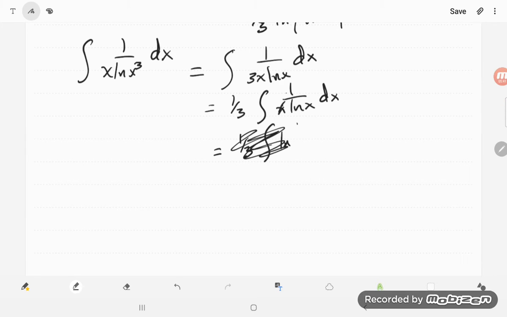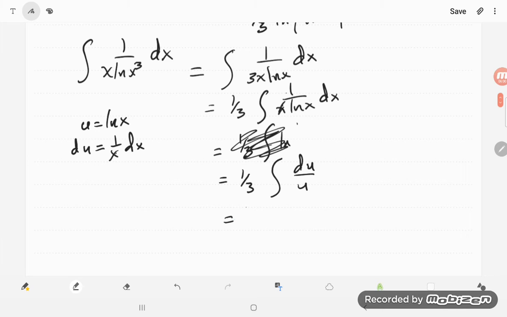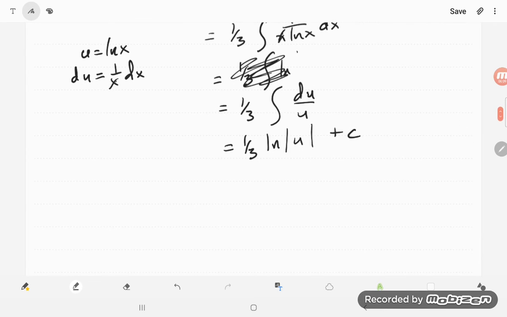So let's do that. Let's let u equal natural log of x. Du is 1 over x dx. And so this is 1/3 the antiderivative of du over u. So that's 1/3 the natural log of the absolute value of u plus c.